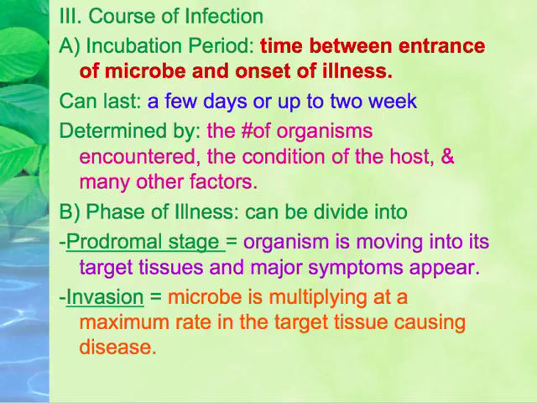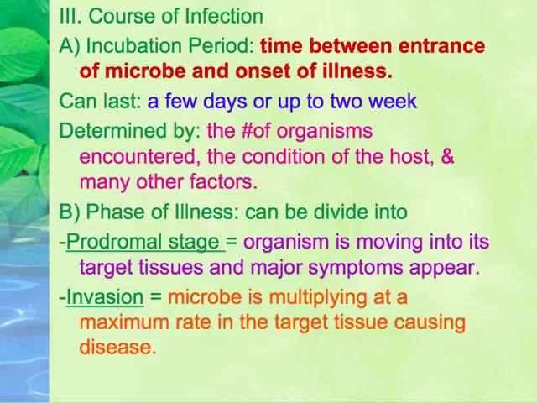From that point until the time you start to get ill, or what we call the onset of illness, is basically called the incubation period, okay? Now, this can last anywhere from a few days or up to 2 weeks, so up to 14 days.